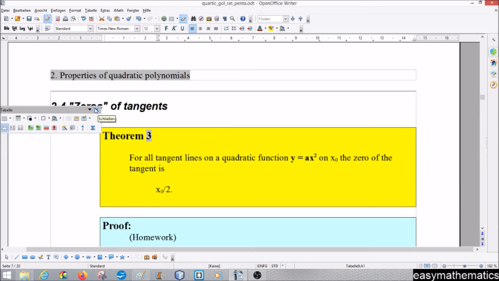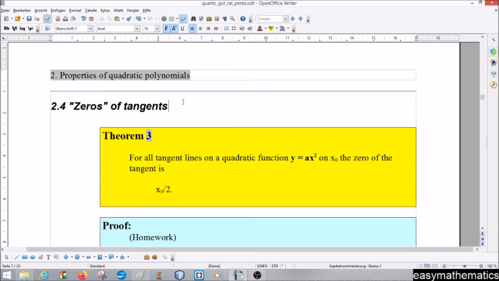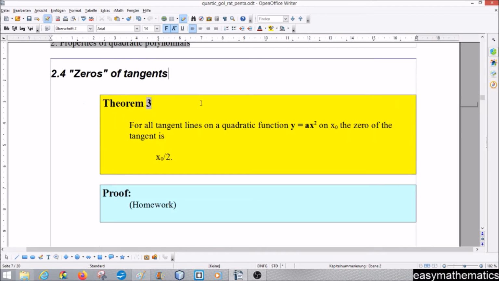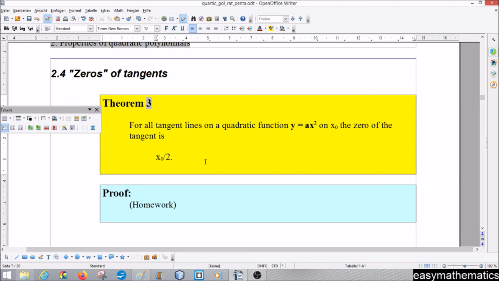Okay. Zeros of tangents. Yeah, this is a nice property in my opinion. I dealt with that several times in physics, in electromagnetism, stuff like that in school. Yeah, I think it's worth talking about, and there are also similar statements for cubics and for quartics.